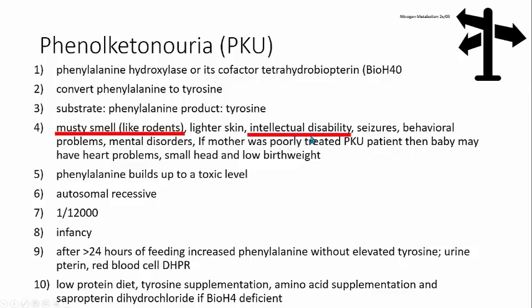However, they usually have very clear intellectual disabilities, and they begin to have an accumulation of phenylalanine without an elevation of tyrosine in their blood shortly after their first feeding in early life. Their urine also will have a great deal of pterin in it as well.